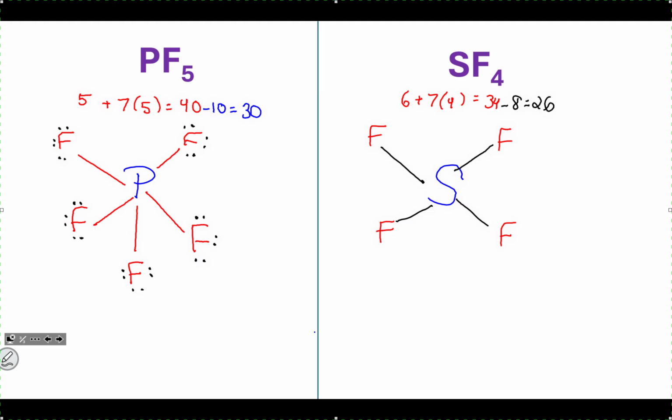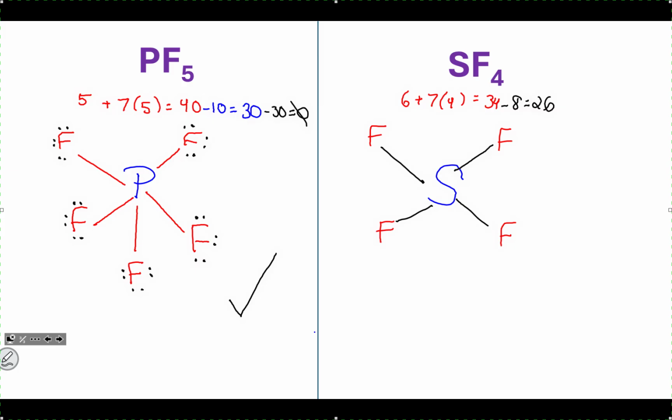So we put 6 electrons, 3 lone pair, on 5 atoms, and so that equals 30. So we've used everything and we are done. Each fluorine has a complete octet, and phosphorus has 10 around it, but that's okay because it can expand its octet. So that is a valid Lewis structure.